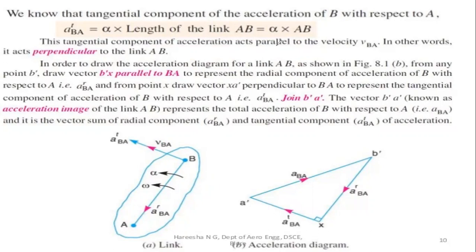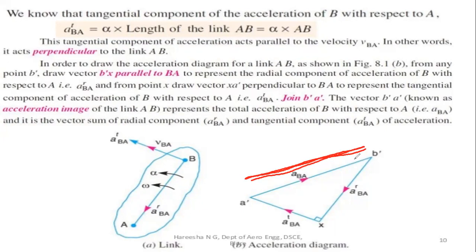This represents the tangential component of the acceleration of B with respect to A. Then, by drawing these two lines, I am joining B dash A dash.